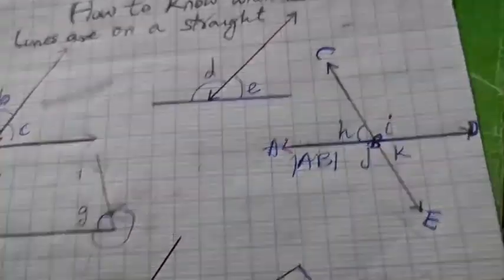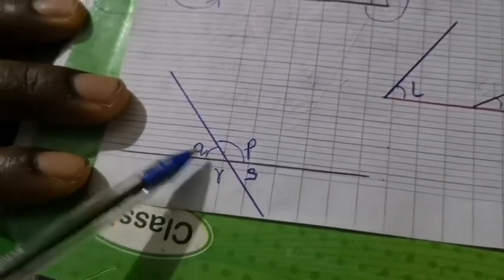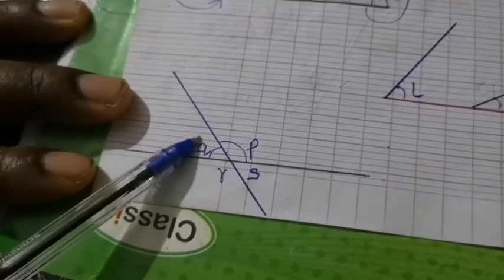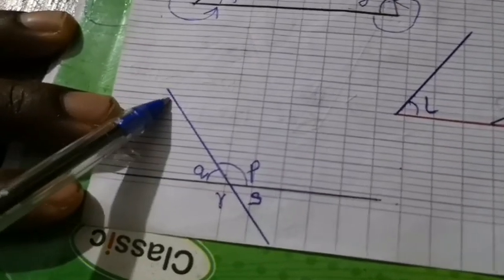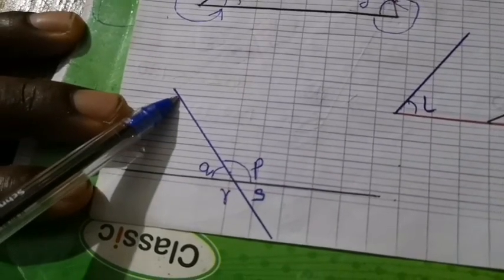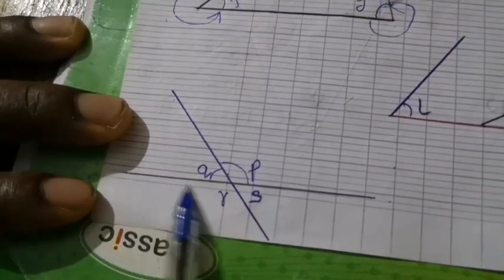Okay, now look at another one we have here. You see this one is in fact the same thing as the previous one. We have this line here in blue ink, which crosses this one in black ink.